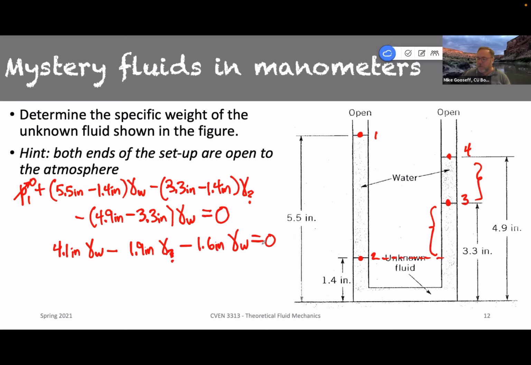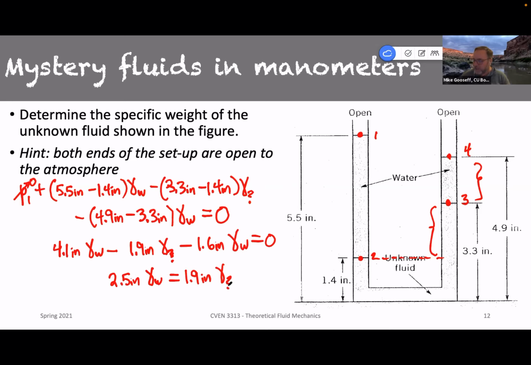So now what we can do is group them and put the gamma W's together. So 4.1 minus 1.6 gives us 2.5 inches gamma W. That would be equal to, I'm just going to move this guy out to the other side, 1.9 inches gamma question mark.